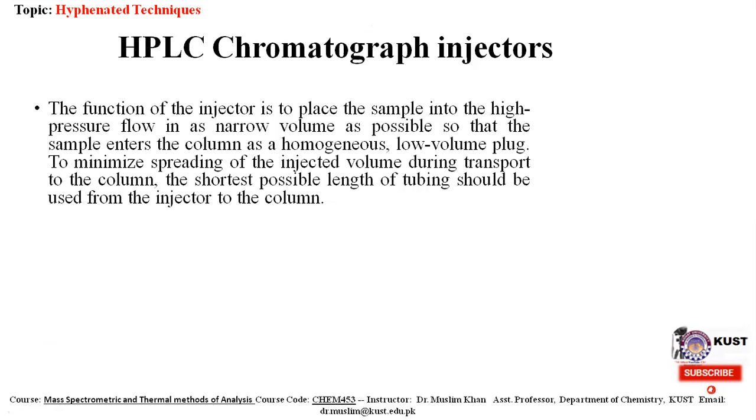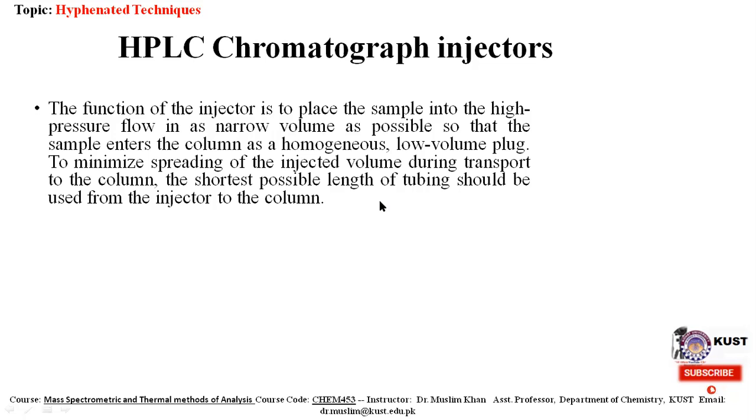The function of the injector is to place the sample into the high pressure flow in as narrow a volume as possible, so that the sample enters the column as a homogeneous low volume plug to minimize spreading of the injected volume during transport to the column.